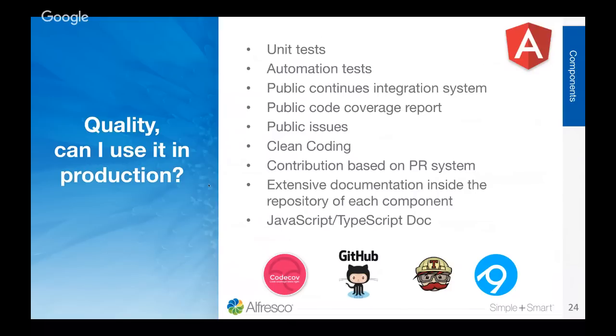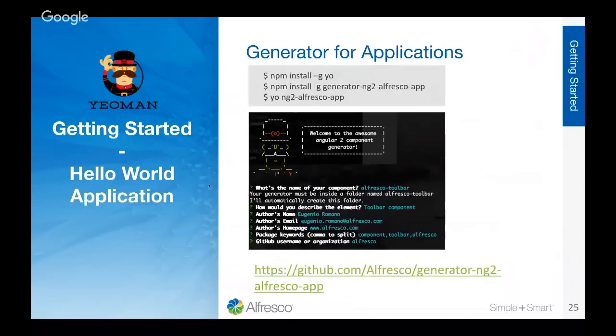All our contributions are based on a pull request system. So when we integrate code inside the framework, it has always been reviewed by at least 2 persons. Also, we are about to release version 1.0 of the framework in the next weeks.